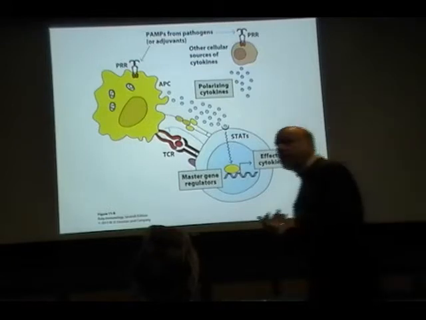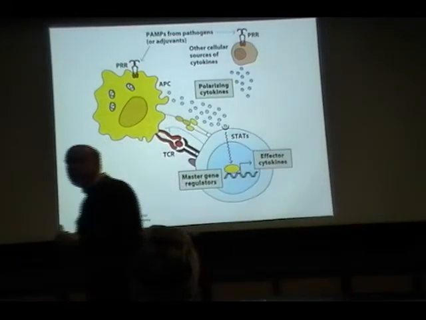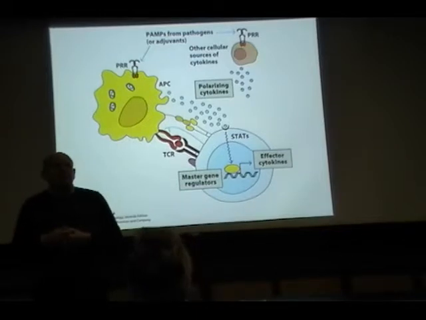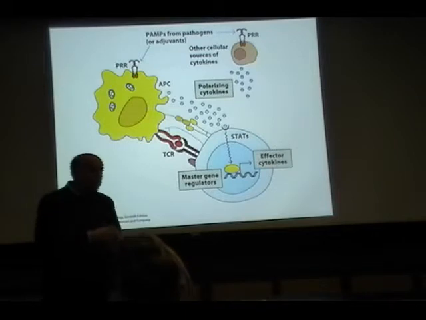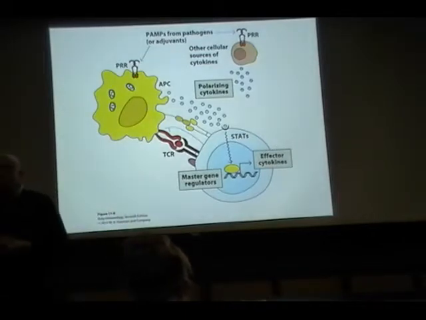When they come out of the thymus, T cells are naive. They have not been activated. Their job when they're naive is to go from lymph node to lymph node, hoping to find its cognate MHC peptide complex, its ligand.